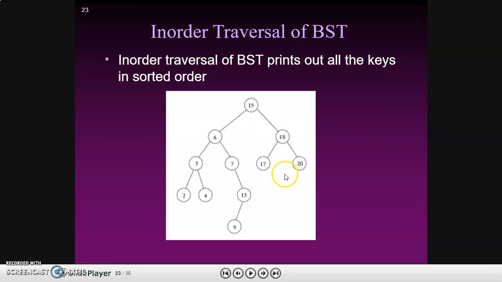The last value of the right subtree is the maximum value in the tree, and the first leaf of the left subtree is the minimum value of the tree. From this value to the right subtree values we will print, so inorder traversal gives the sorted order of values.